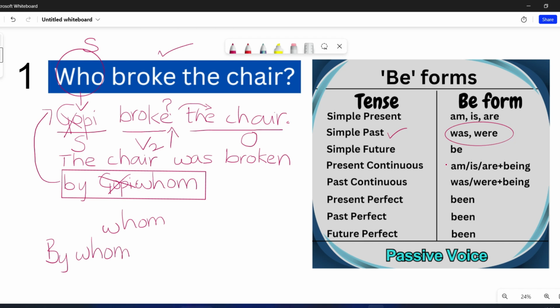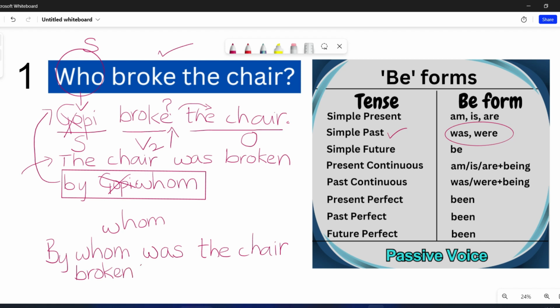And now look at this. Actually, we said the chair was. But because this is a question, we use helping verb was, be form was before the main verb. So by whom was, and we write the subject here. By whom was the chair broken?